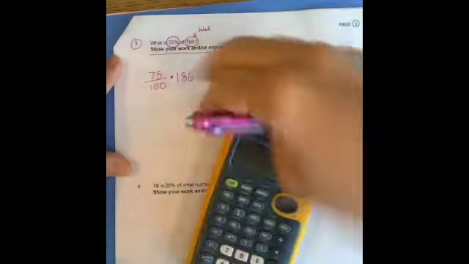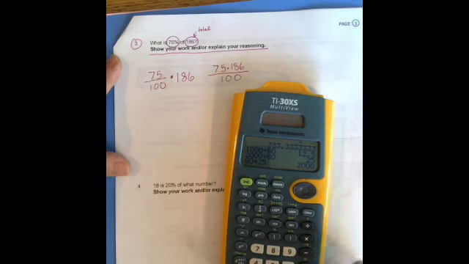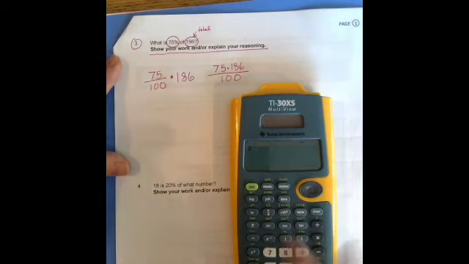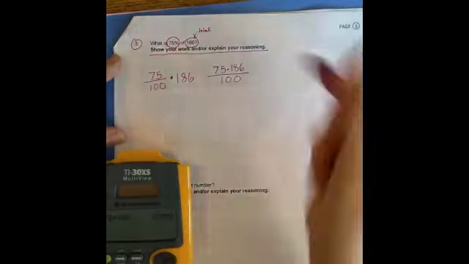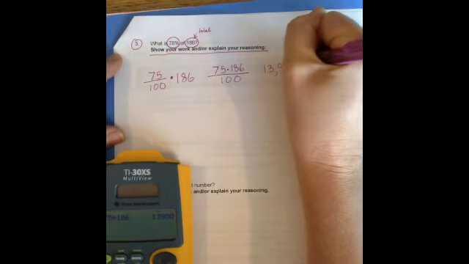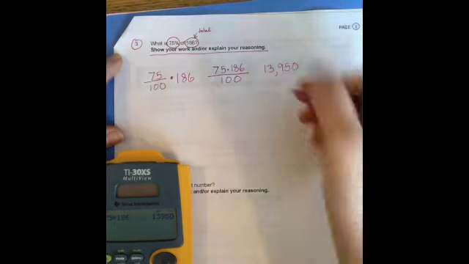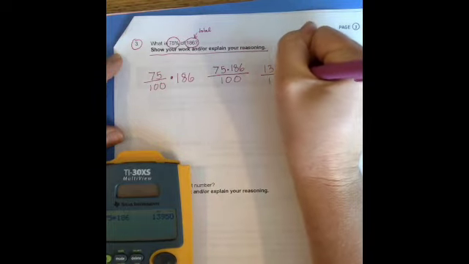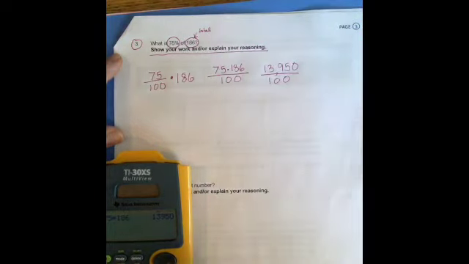So you can pop that right into your calculator if you want to. So I'm going to put in 75 times 186, and I get 13,950, and that is still over 100.